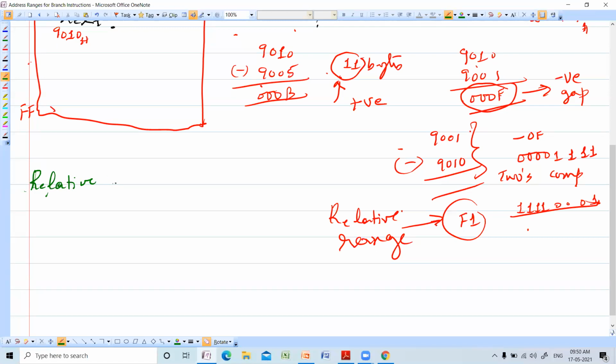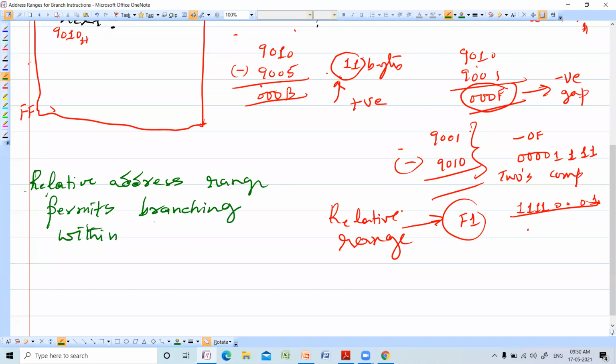Relative address range permits branching within 256 bytes.